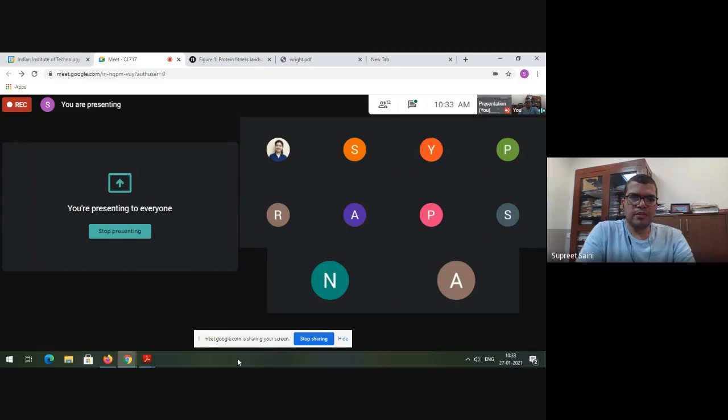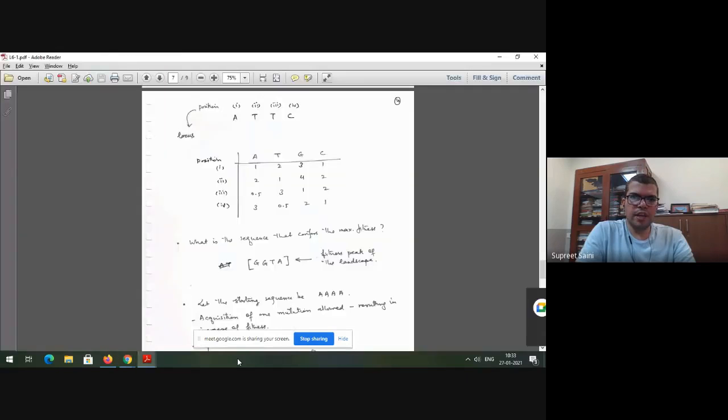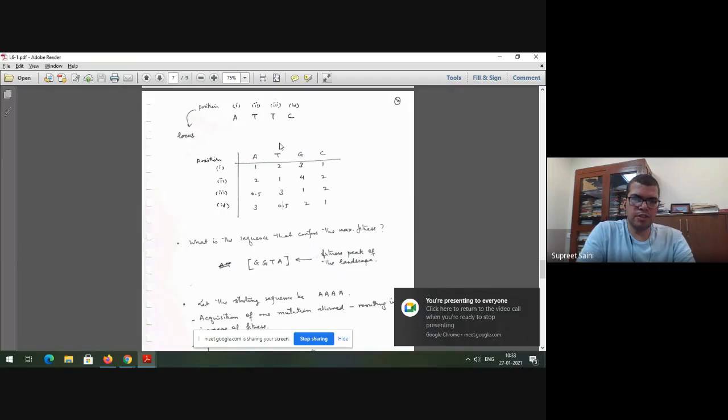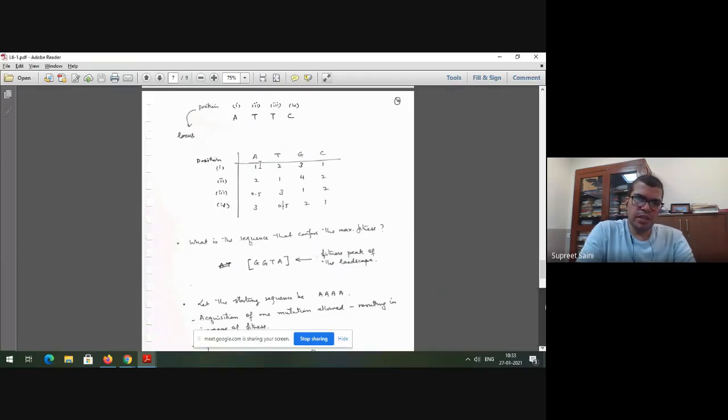Now the point is that if individual loci were making contributions independent of each other, which means that the fitness contribution of position 1 is dependent on what is present at position 1 and does not depend on what is present at position 2, 3, 4, that is the sort of map that we have made.